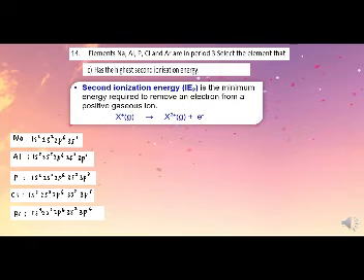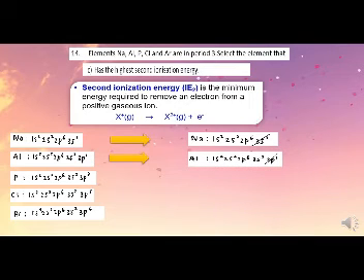So to determine the highest second ionization energy, we refer to the meaning of second ionization energy, the energy required to remove an electron. What will happen if we remove the electron? So here is the ion of sodium, 1s2, 2s2, 2p6, and we remove 1 electron. Same for aluminium, 1s2, 2s2, 2p6, 3s2, and we remove 1 electron.